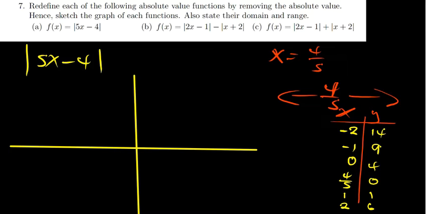Is it okay like that? Yes. If it was 5x plus 4 in the modulus, would you have multiplied it by negative or positive? If it was 5x plus 4 in the modulus, then you would have said x is going to be negative 4 over 5.